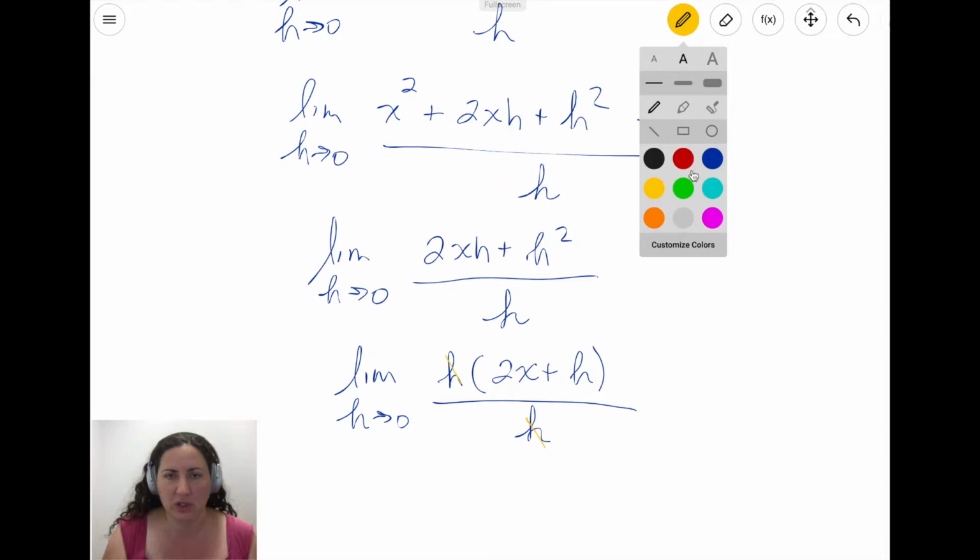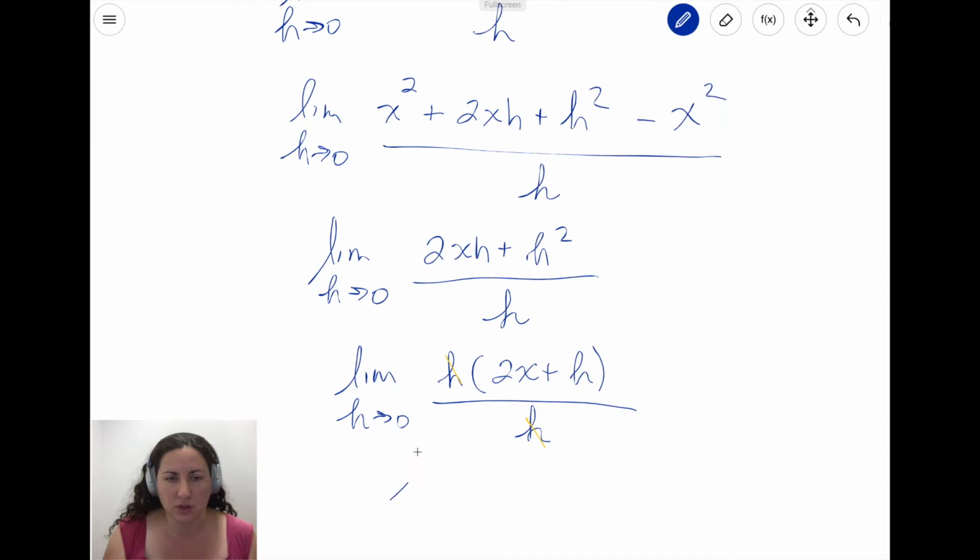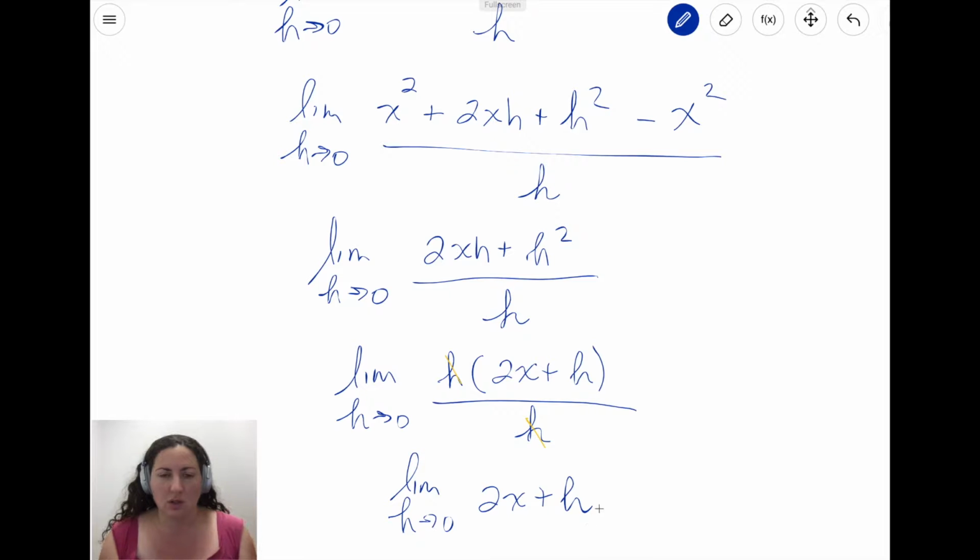So we're going to be left with just limit as h approaches 0 of 2x plus h. And now we're almost done with this limit. We've basically resolved the indeterminate form by canceling that common factor of h. So now we can simply substitute 0 in for h, and that's going to give us 2x.